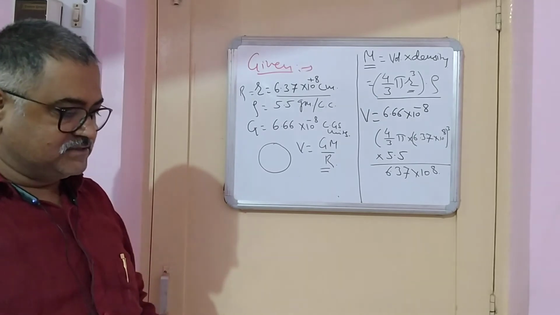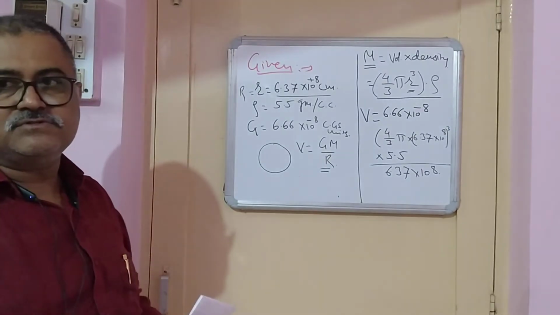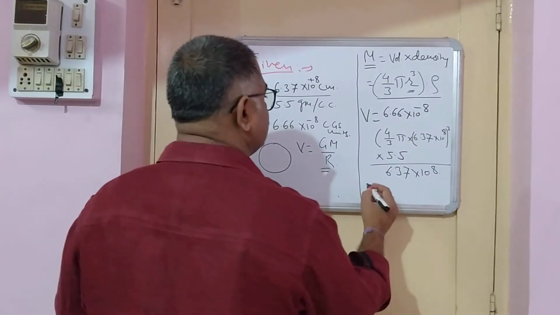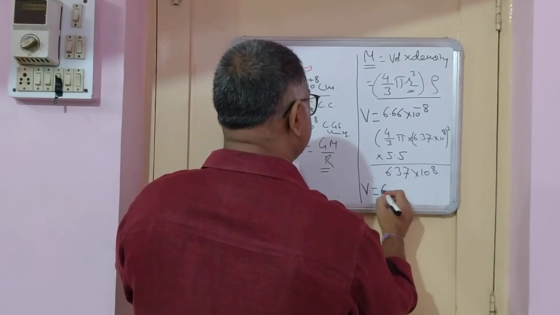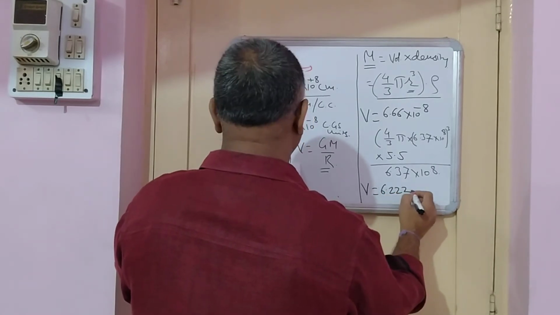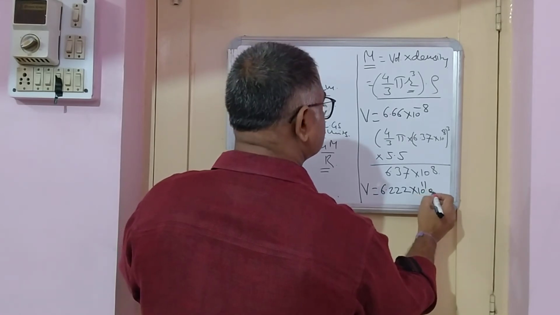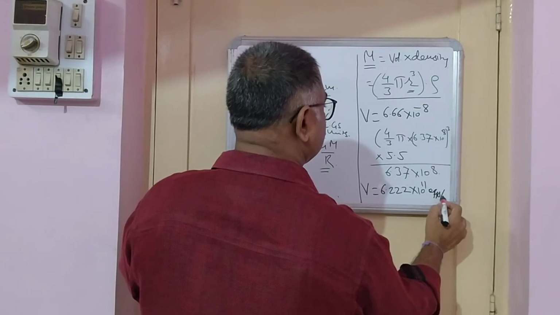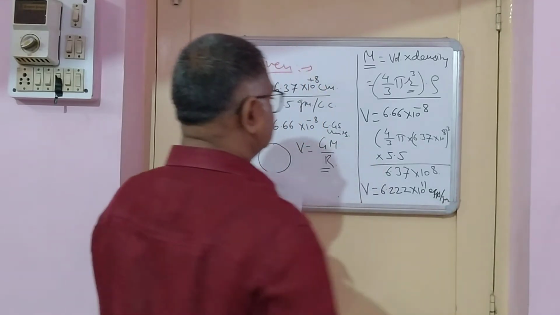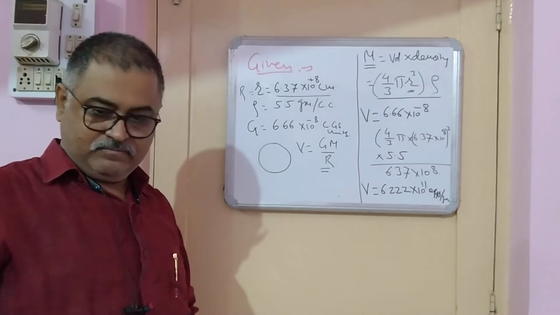And friends, by calculating all these terms, we get the surface potential V equals 6.222 into 10 raised to 11 ergs per gm. This was the problem.